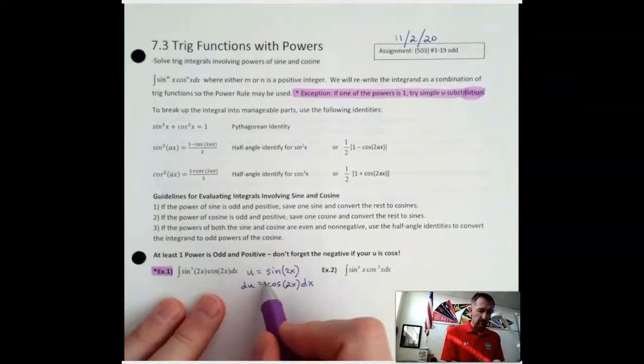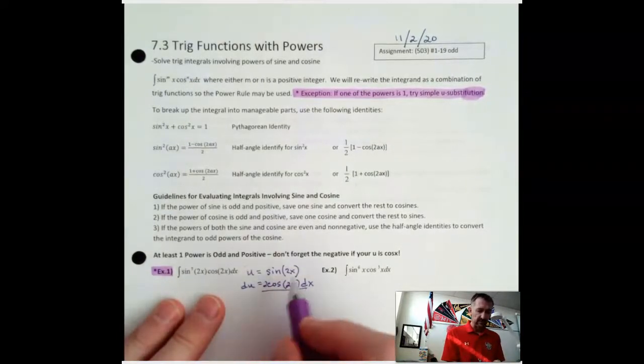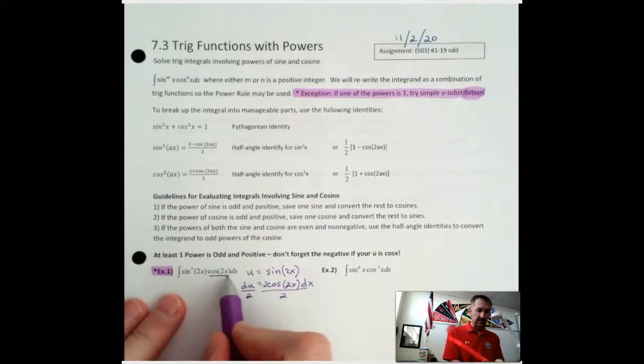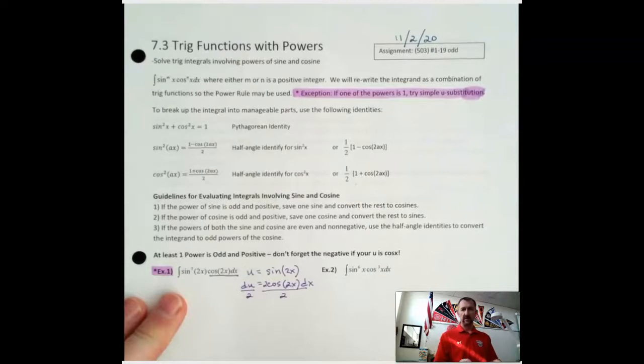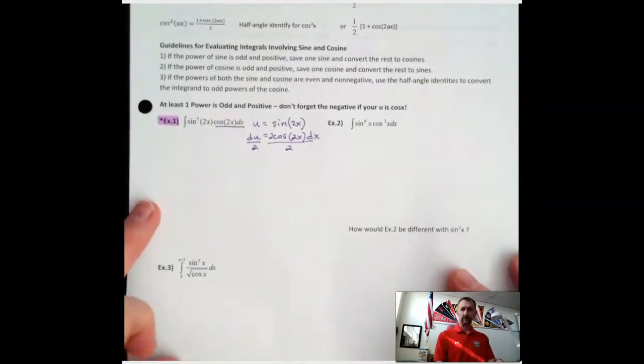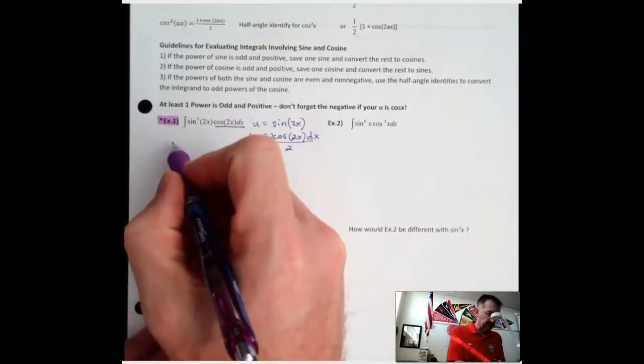Times 2. And there's no extra times 2 floating around out there, so we're going to have to divide that by 2. But the point is that cosine 2x dx is right there. So we can substitute that out, so it's a simple substitution.